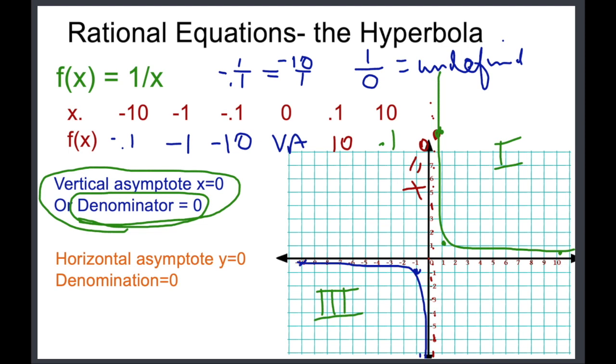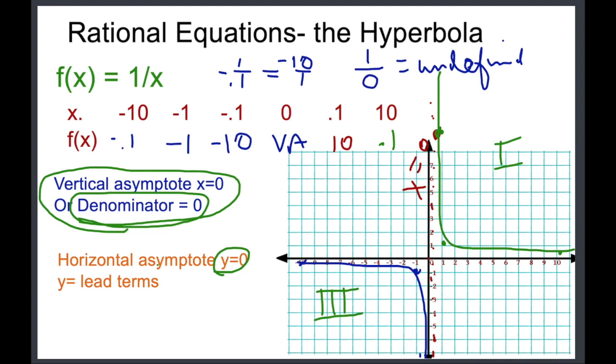The horizontal asymptote is also there, and that is typically y equals 0, or y equals the lead terms in the fraction.